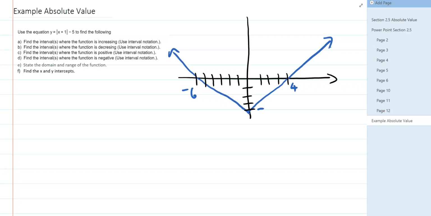The interval where the function is increasing is for what x's the y's are increasing. When x is 0 and increases, from 0 to infinity, you see how the y values are increasing. So for A, in interval notation, the function is increasing from 0 to infinity.